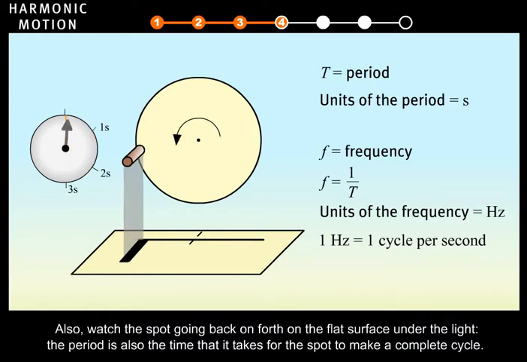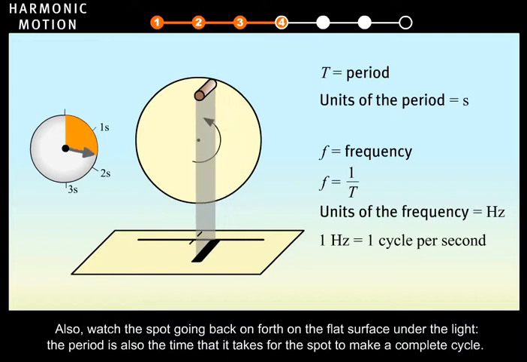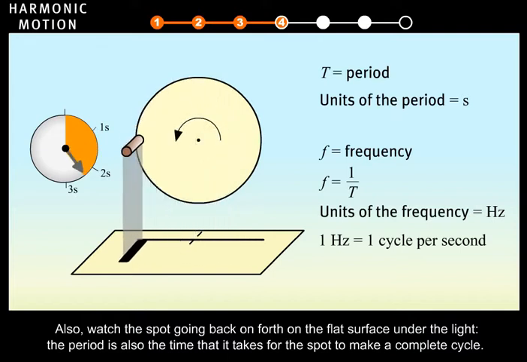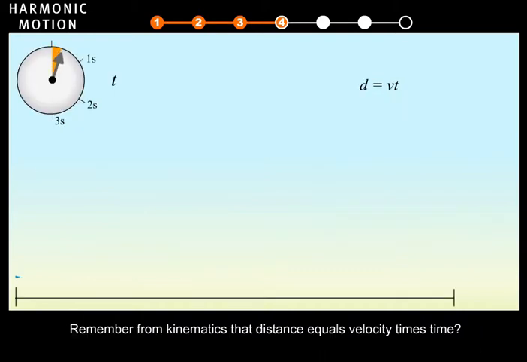Also, watch the spot going back and forth on the flat surface under the light. The period is also the time that it takes for the spot to make a complete cycle. Remember from kinematics that distance equals velocity times time?